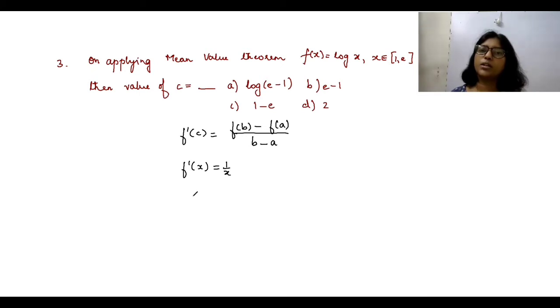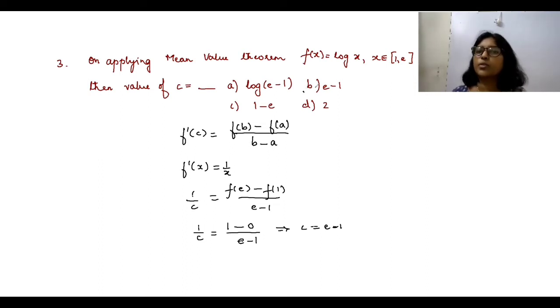Applying in here, it becomes 1 by c equal to f of e minus f of 1 upon e minus 1. f of e is log e, which is 1, log 1 is 0, so that c is equal to e minus 1.